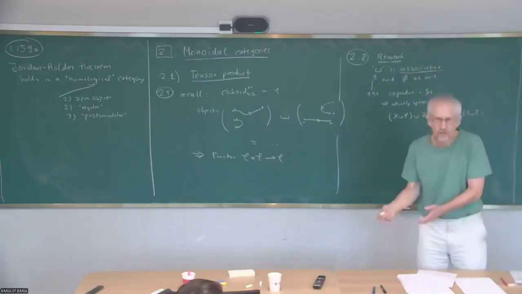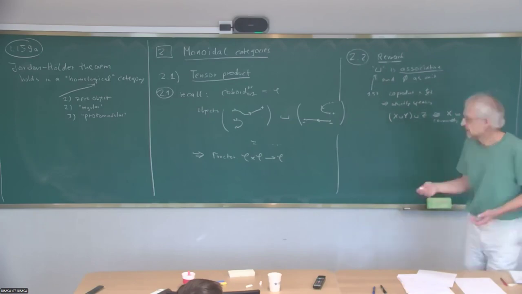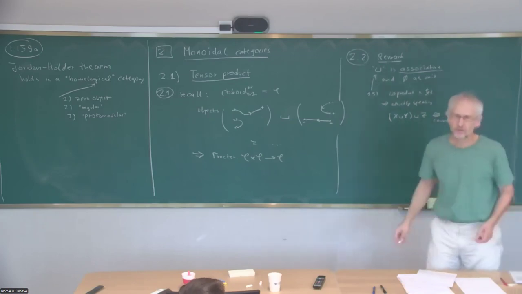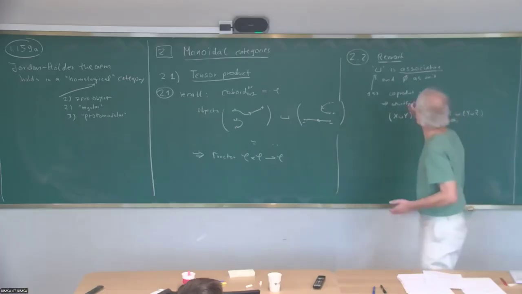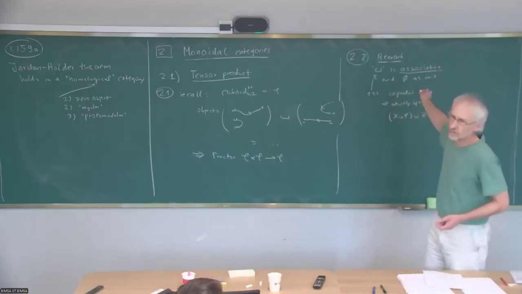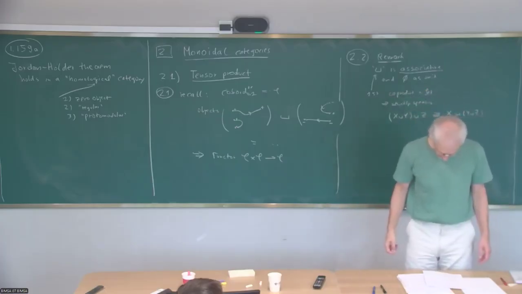But depending on what you want to do with it, you might have to account for those isomorphisms. So strictly speaking, you would say this is not associative on the nose, but associative up to isomorphism. There are situations where these are important.